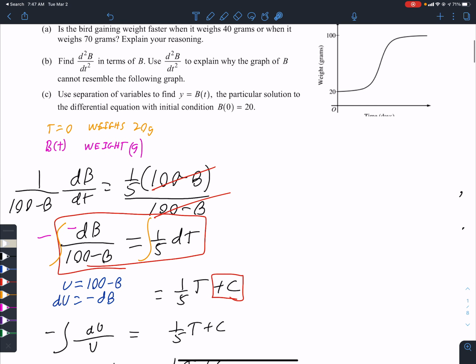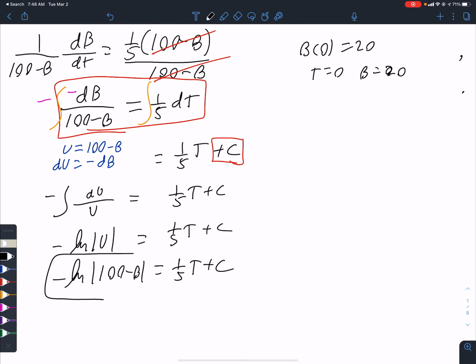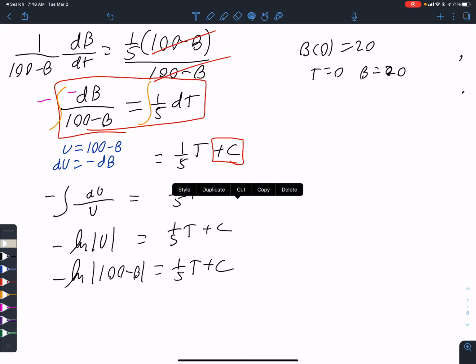So they tell us right here that b of 0 is 20. In other words, when t is 0, b is 20. I'm going to plug that in to this equation here. So let me copy and paste that. Oh, I see what it's doing.